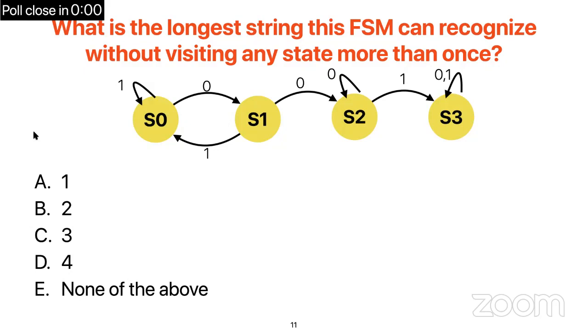So here's the thing, if you want to recognize the longest string, my initial state is S0, and the transition would help you to go from S0 to S1 to S2 to S3, right? So if you want to do this, how long is the string?